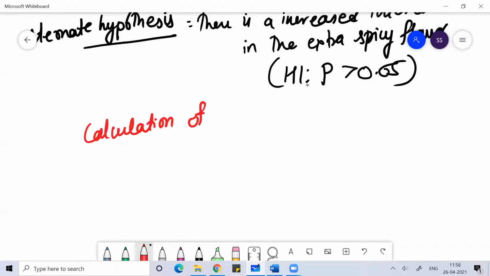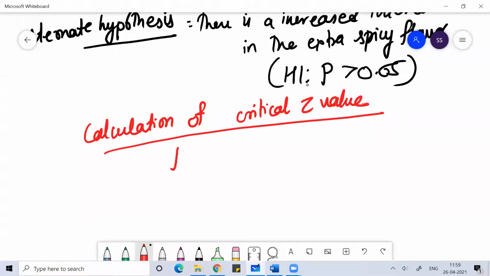The calculation of the critical or calculated z value. For that I need p dash, the sample proportion, that would be 335 by 6,000, because out of 6,000, 335 people responded in favor of that.